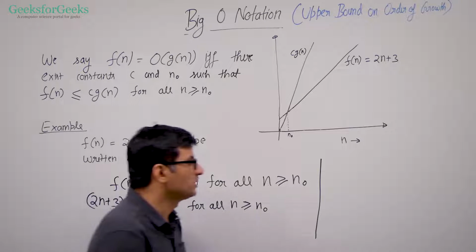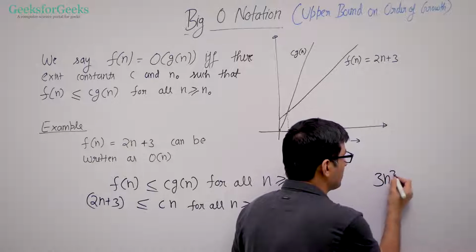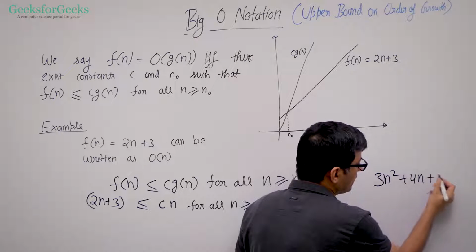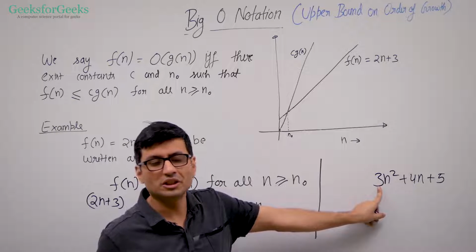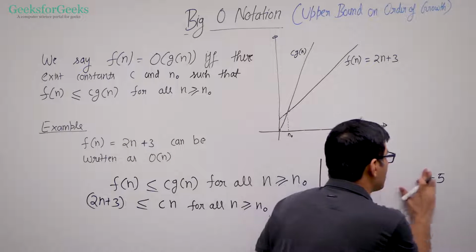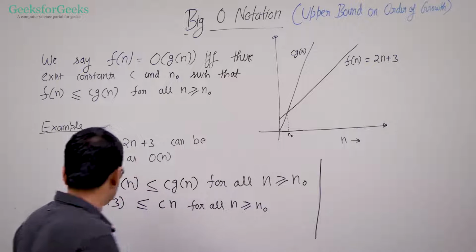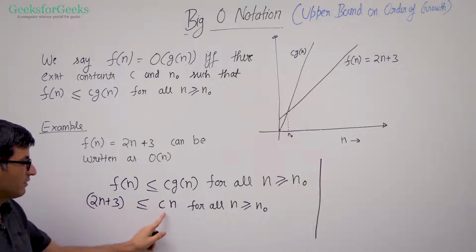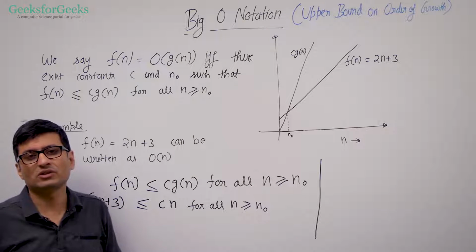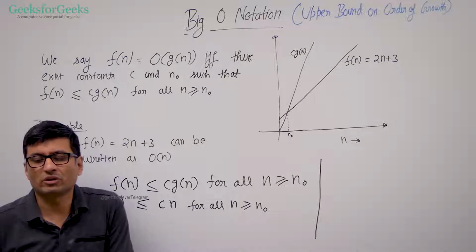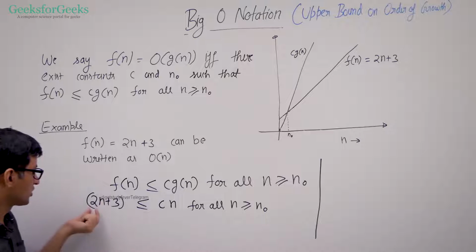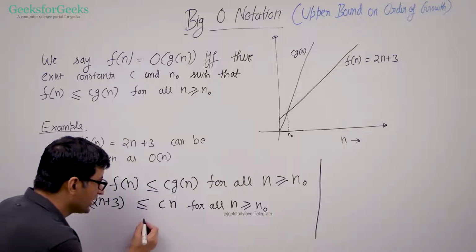If I take more examples, say 3n square plus 4n plus 5, the highest growing term is n square and the constant of the highest growing term is 3, right? So I simply take the constant of the highest growing term, which is 2 here, and I can have c as 2 plus 1, 3. Just take the next integer after the constant of the highest growing term. So we can always safely take c as 3.